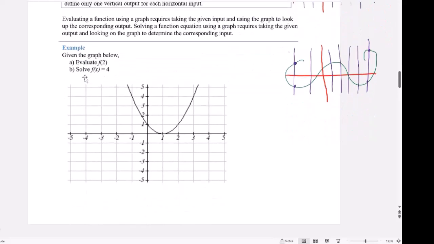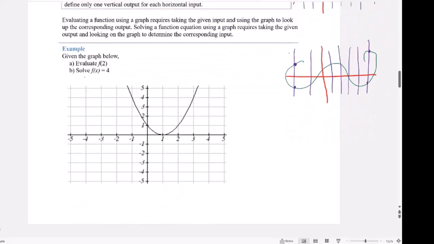Okay, so given this graph here, we want to find first f of 2. What does that mean? Well, if I know that f of x is equal to some function, this looks like a parabola, so let's call it x squared. It's actually, if I were to tell you what it is, x minus 1 squared.